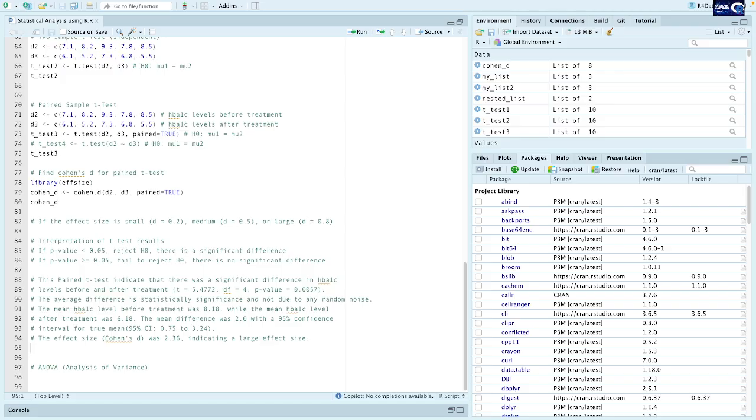Here we can interpret the results as follows. First of all, we have the ANOVA result.